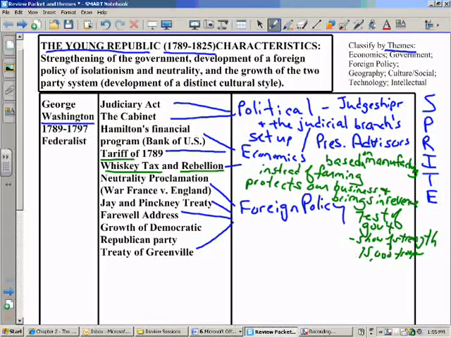And this rebellion was more symbolic in its end. Very few people were hurt. Several people were arrested. But overall, the government showed that it had the power to help the people, protect the people, and also keep the order in our new nation.